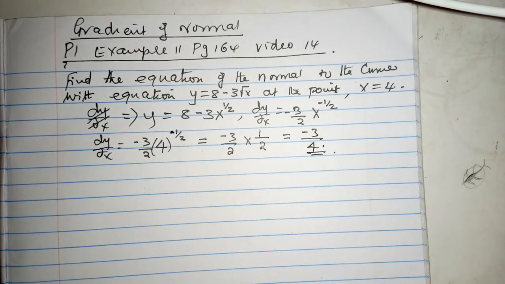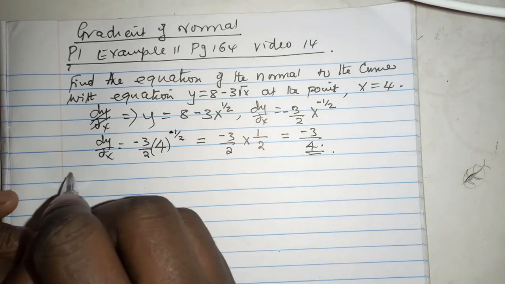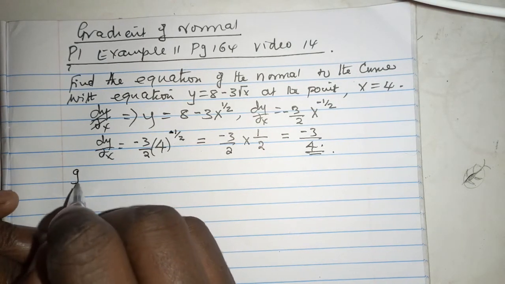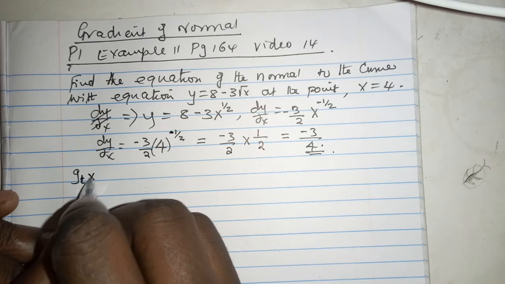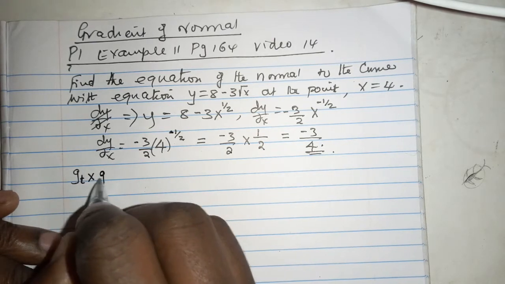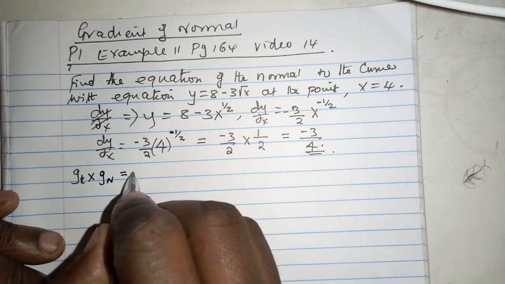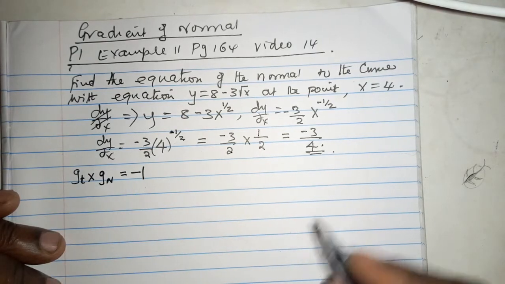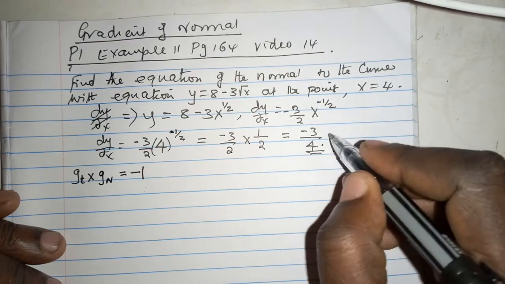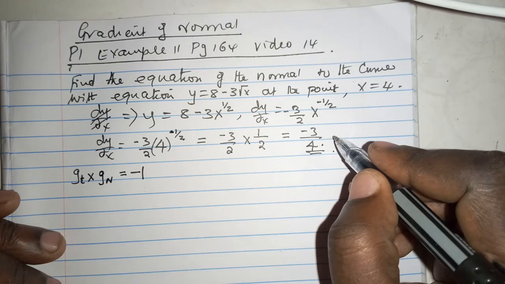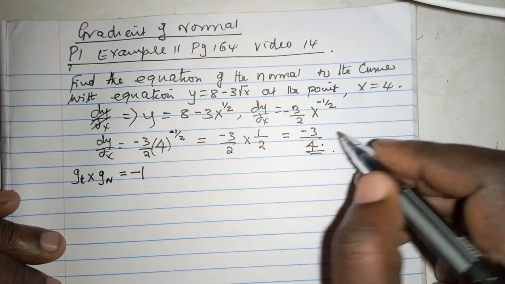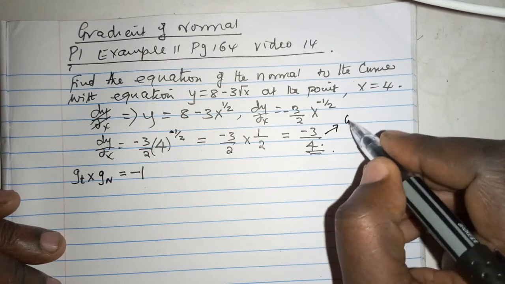If that is the gradient of the tangent, and by extension the gradient of the curve, then the gradient of the tangent times the gradient of the normal is supposed to give us negative 1.